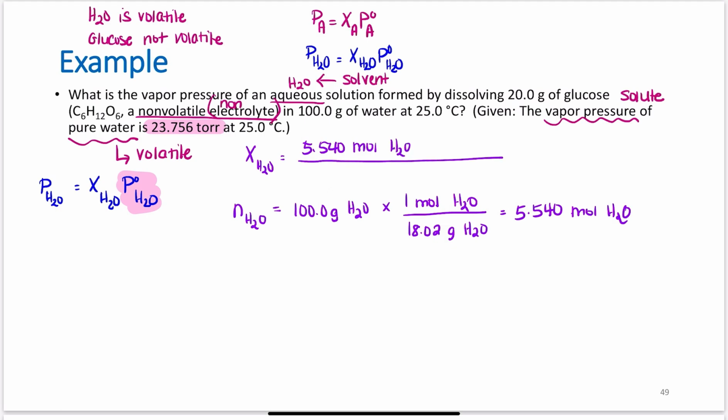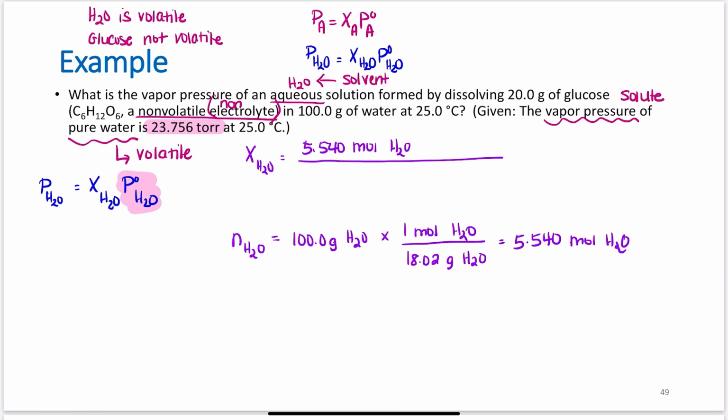And to find the mole fraction, I have to divide it by the total number of moles of the system. So I know 5.540 moles of water, but I also need the number of moles of glucose I have, because that adds to the total number of moles of the system. Tells me I have 20 grams of glucose.